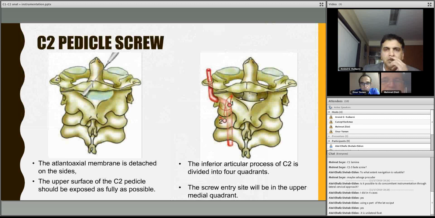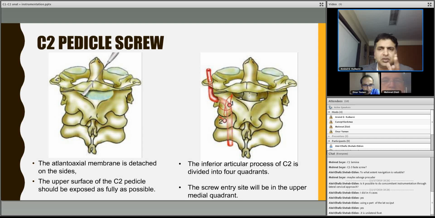Coming to the C2 pedicle screw. The C2 pedicle screw is a screw which goes between the two articular surfaces through the pars. The pedicle is from posterior lateral to anterior medial, at an angle of about 20 to 25 degrees medially.